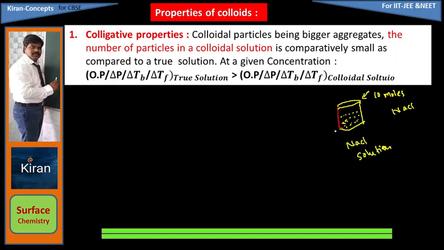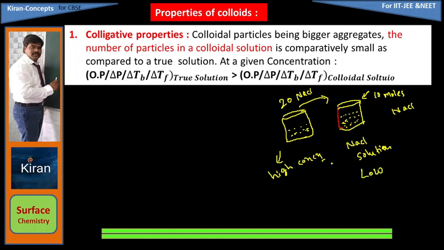Instead of 10 moles, I am adding 20 moles of NaCl. When you compare the 10 moles NaCl solution and the 20 moles NaCl solution, which solution is of high concentration? This solution is high concentration, and this is comparatively low concentration among these two.